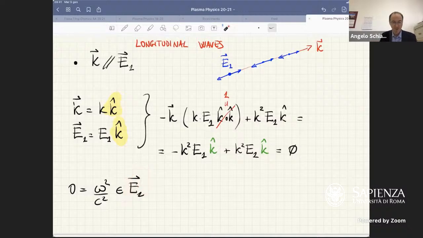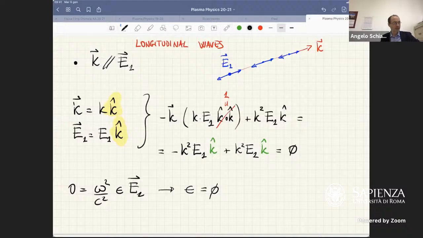So if we seek a non-trivial solution, omega is different from 0, this is a constant, then we see that the wave solutions are contained in the solution of the dielectric constant epsilon equals 0. So the dielectric function equals 0. Solutions of this equation give us the omega and k, so the dispersion relation for longitudinal waves.